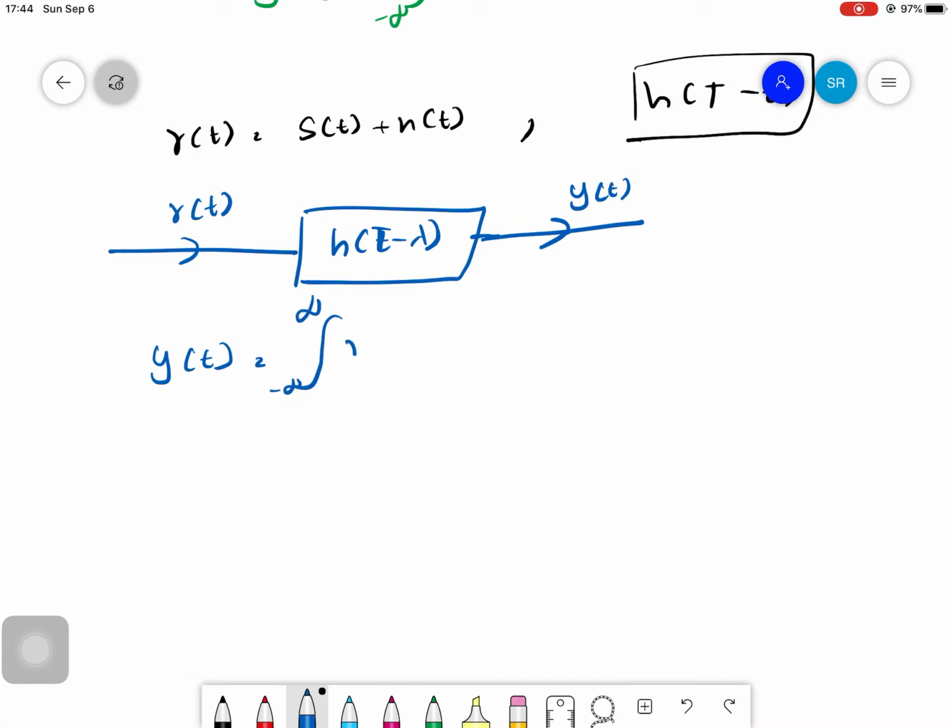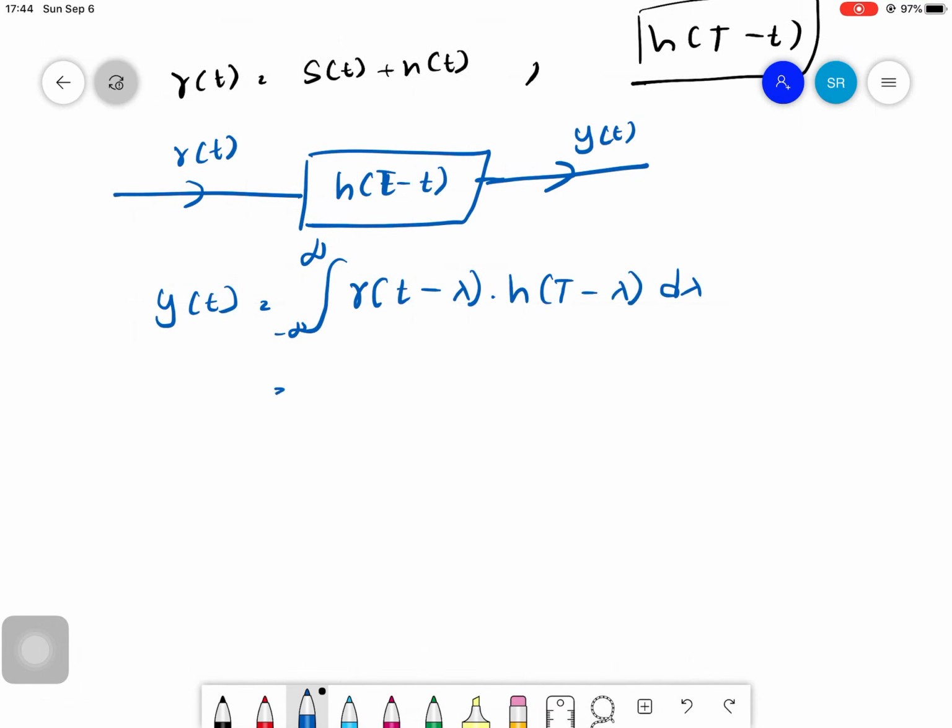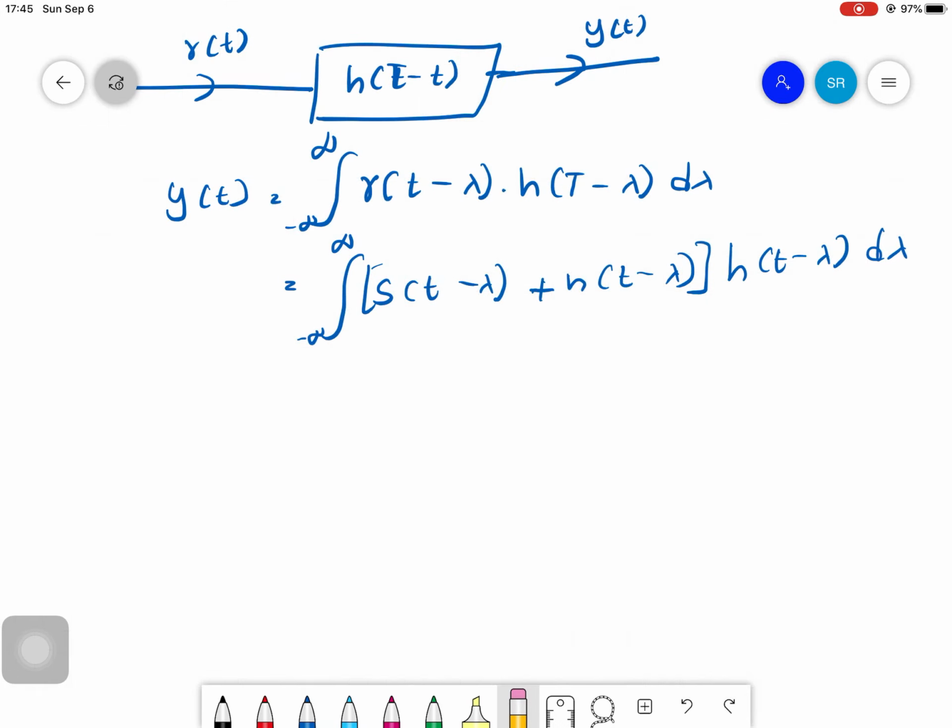equals the integral from minus infinity to plus infinity of r(lambda) times h(t minus lambda) d lambda, and I can write this as the integral from minus infinity to plus infinity of s(lambda) plus n(lambda) times h(t minus lambda) d lambda.